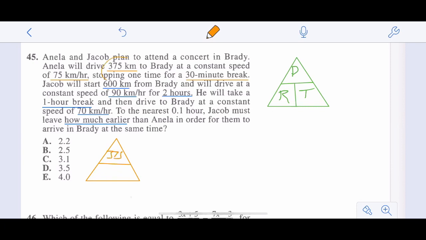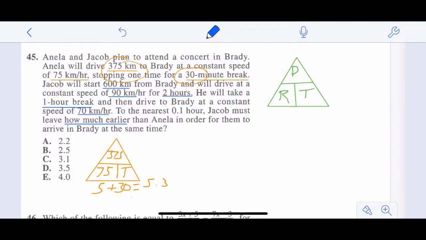Right, so she's 375 from Brady. She's going to drive at 75 kilometers an hour, and we'll get a time. So 375 divided by 75 is 5. But we have to add her 30-minute break, so plus 0.5, it takes her 5.5 hours. So 5.5 is Amelia. Now let's do Jacob.